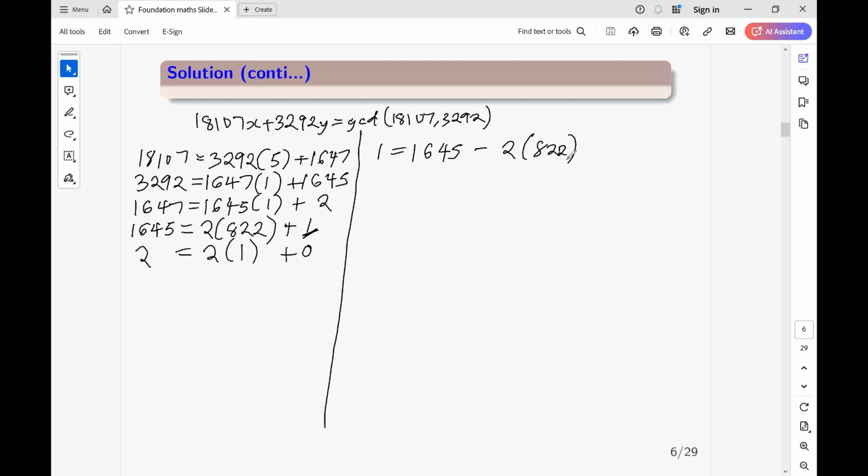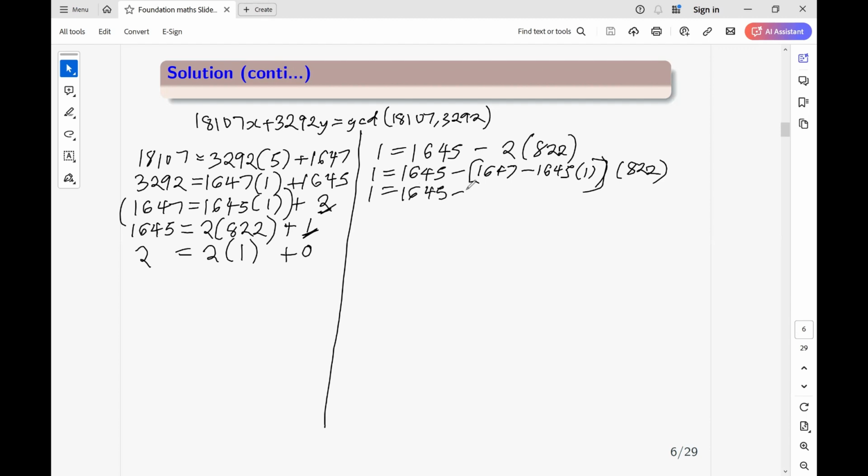And then we're going to substitute these two using this part of the equation. So 1 is equal to 1645 minus 1647 minus 1645 times 1, then 822 times, and then we're going to open the equation.